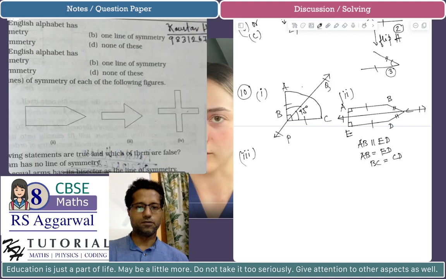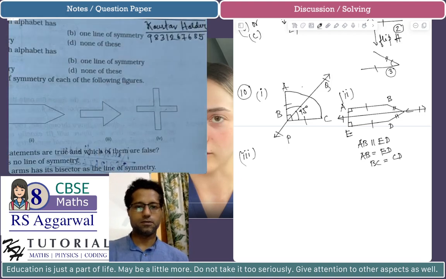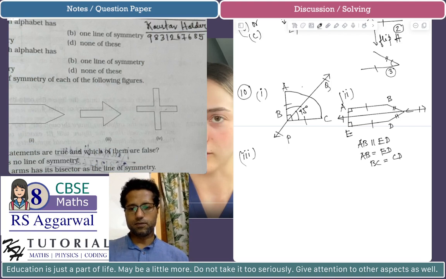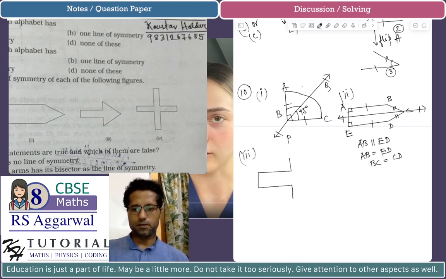Figure 3, what is the figure 3? Figure 3 is something like this. We have this kind of figure.